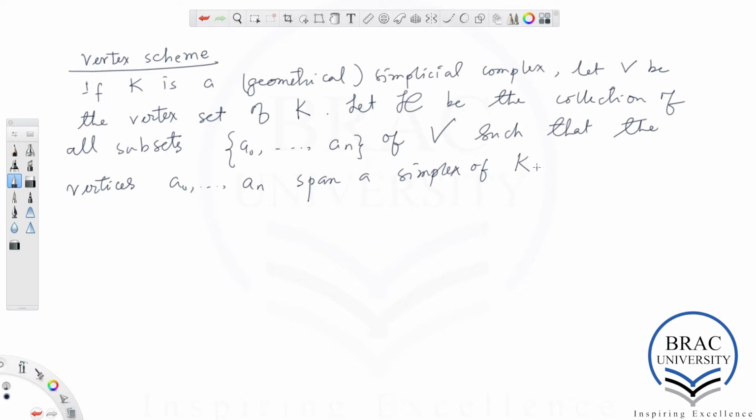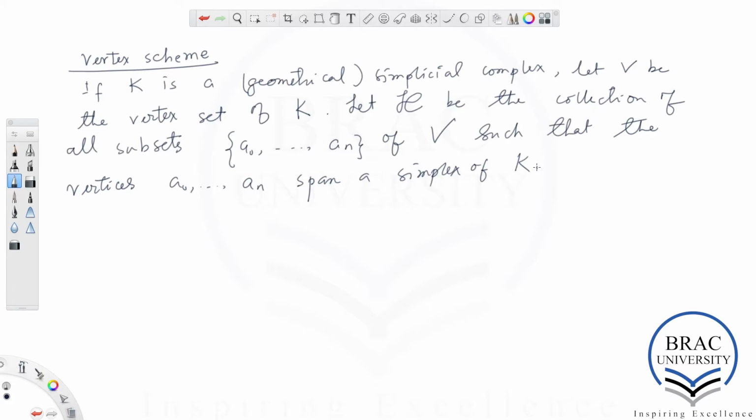Okay, so we are given a simplicial complex. Then we know what the simplices of this simplicial complex are. Now we form the vertex set of this simplicial complex, and that's just the one-point sets, or the zero simplices to be more precise.